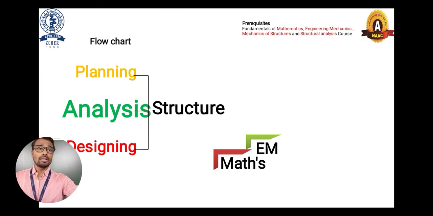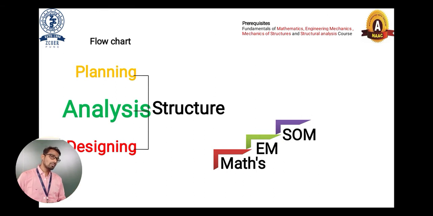Then the next step was strength of material, where you went through different types of material and analyzed the reactions of beams at the supports. You also calculated bending moments. These are analysis.